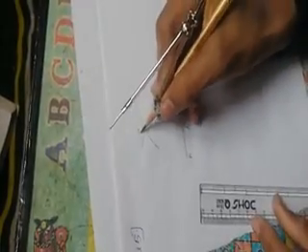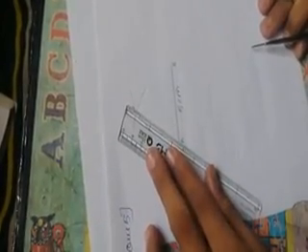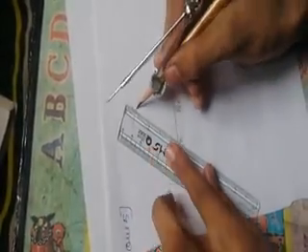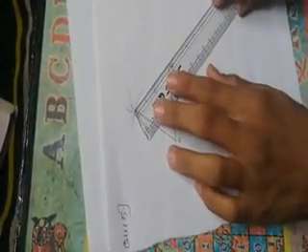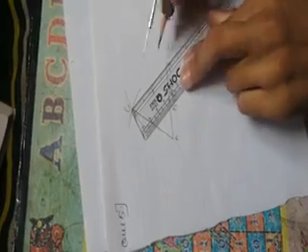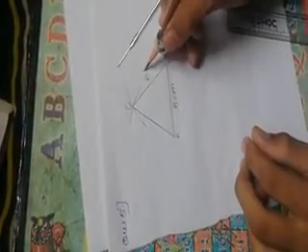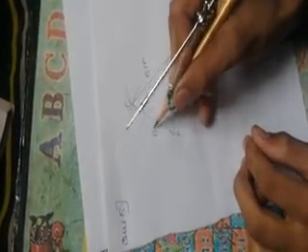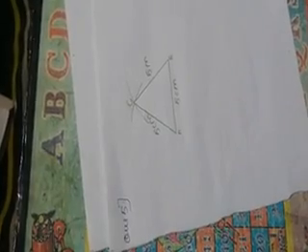Where this arc intersects that arc, mark point C. Now join C to A, and C to B. So this is ABC. Now AC you write 5 centimeter and BC also write 5 centimeter. Now if you measure the angle with the protractor, you will get the 60 degree angle everywhere.